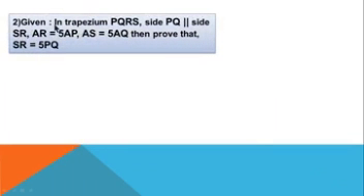Example number 2. In trapezium PQRS, side PQ is parallel to side SR. AR is equal to 5 times AP, AS is equal to 5 times AQ. Then prove that SR is equal to 5 times PQ. See this figure.